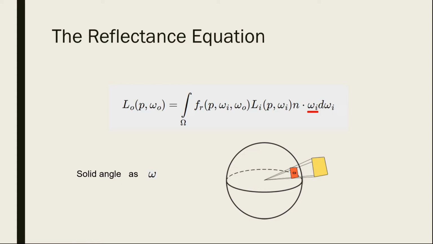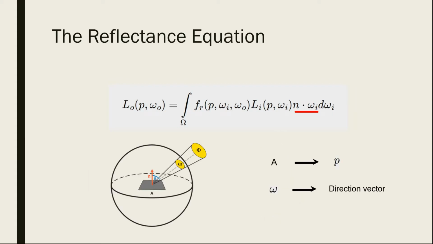The other important one is the area of the projected shape on the surface. It is called solid angle. Here is the area A in the picture, and it has the normal n. When the area becomes very small, the area becomes point P, and the solid angle also becomes a direction vector.